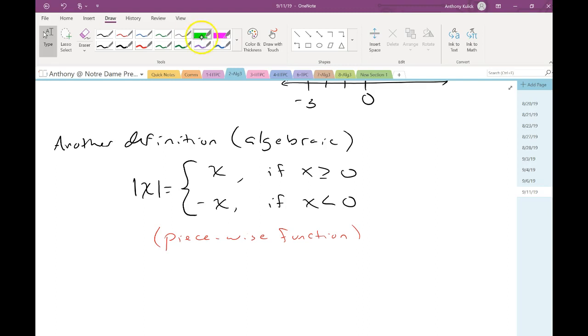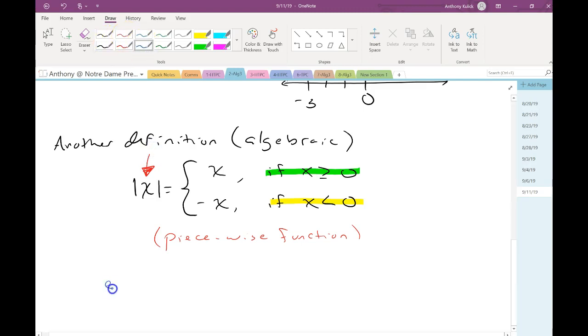So the situations are described over here. And the x they're referencing is this x in our absolute value.